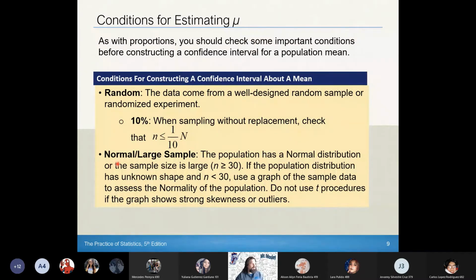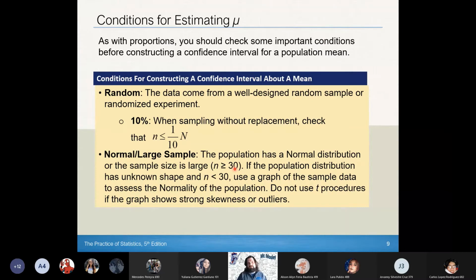And we have the normal large sample. The population has a normal distribution, or the sample size is large and is greater than or equal to 30. So similar to our previous lessons where we're talking about a sampling distribution, right? If the parent population is normal, then so will the sampling distribution.